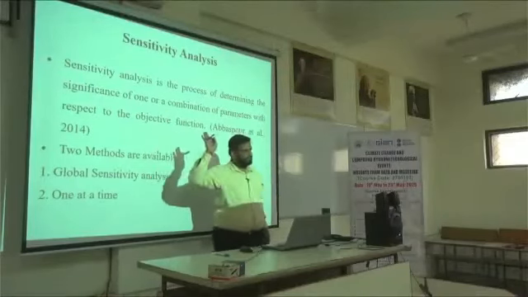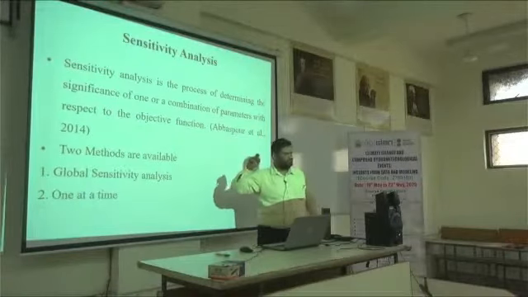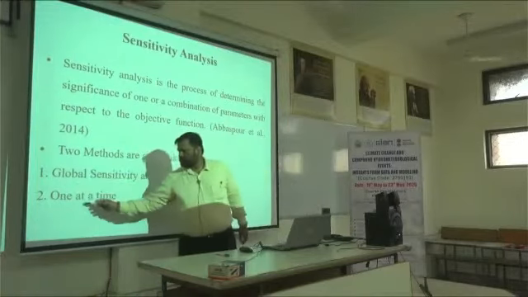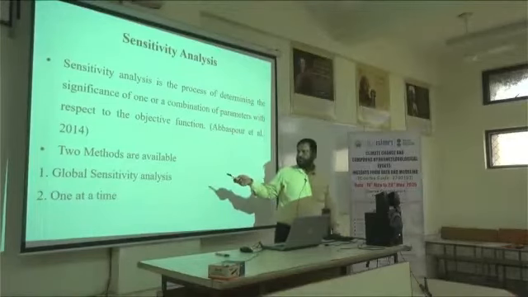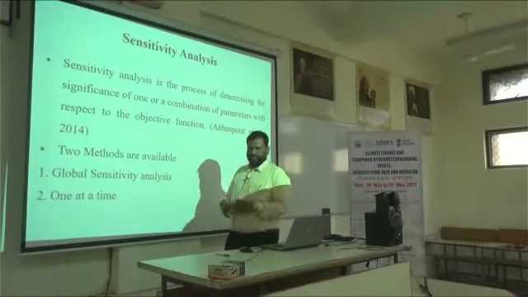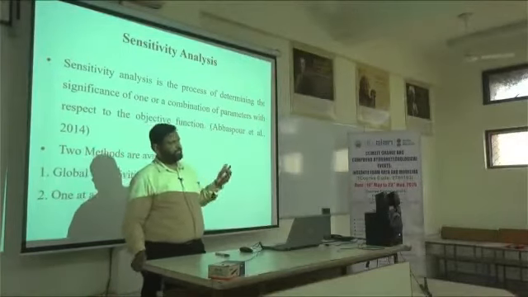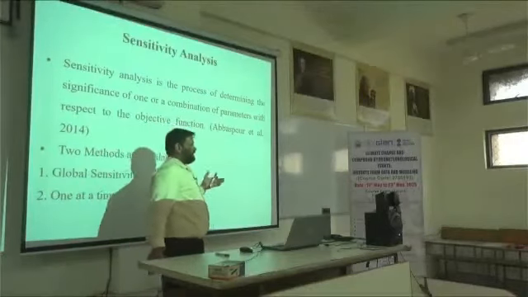If we are using software like SWAT-CUP, that is calibration and uncertainty programs, in that software we get two types of methods: global sensitivity analysis and one-at-a-time sensitivity analysis. Basically in sensitivity analysis, we try to identify which parameters are more sensitive to our catchment.